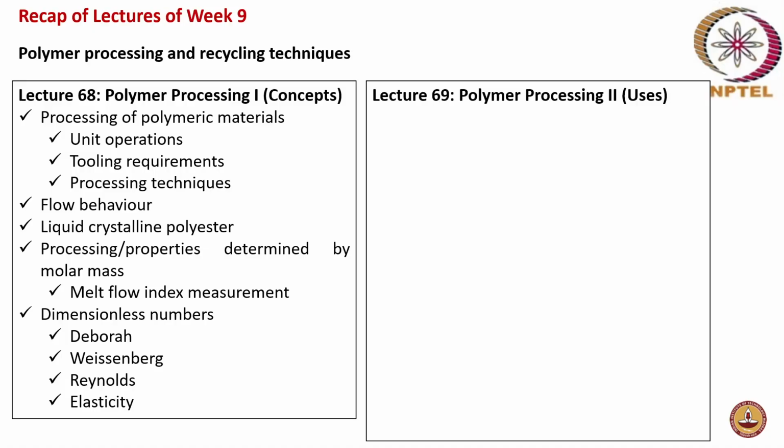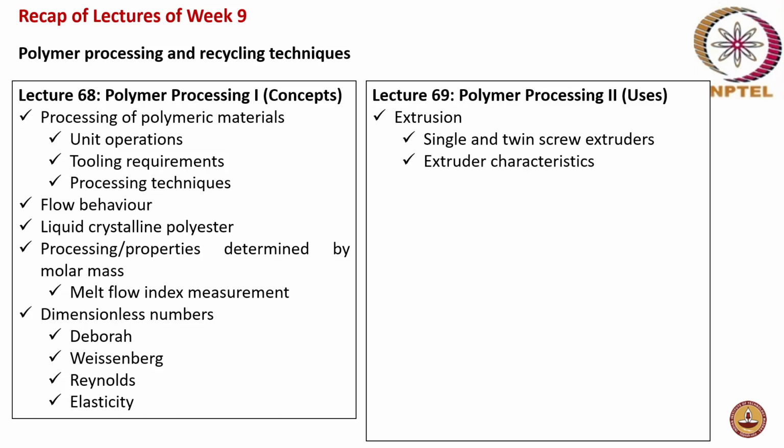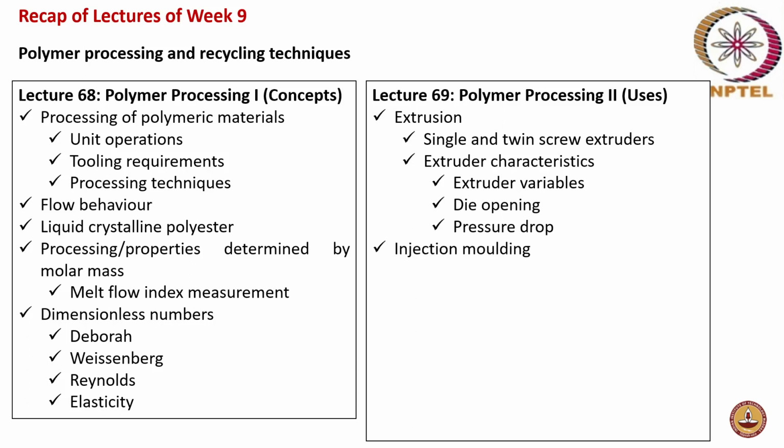And then the final lecture for the week was again on polymer processing, which was on uses. So here the extrusion process was discussed, right? Single and twin screw extruder, where the single screw extruder was explained in detail, and the extruder characteristics like extruder variables, die opening, pressure drop were discussed.